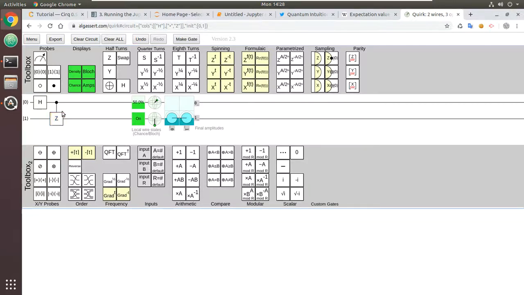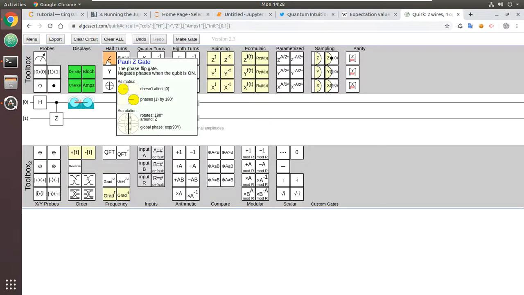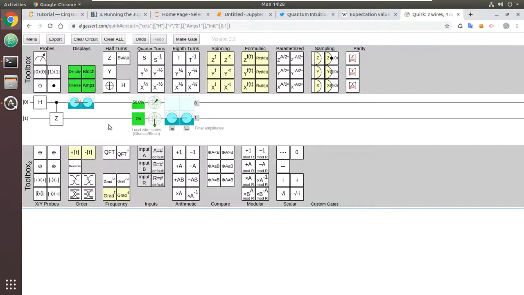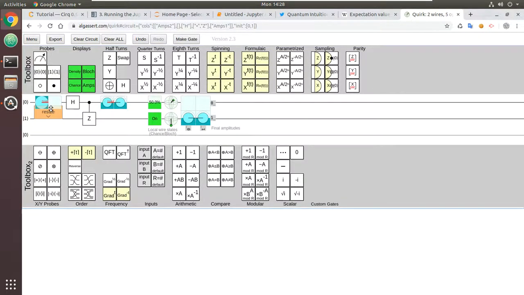So if you just measure here, you have a phase of 180 degrees here. And that's because it rotates 180 degrees after the Hadamard.